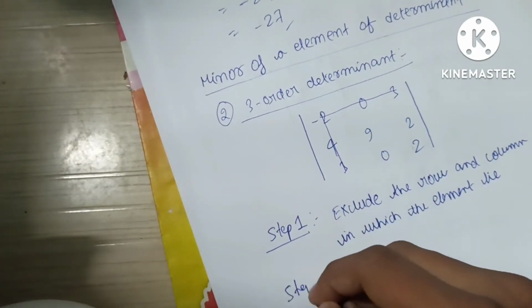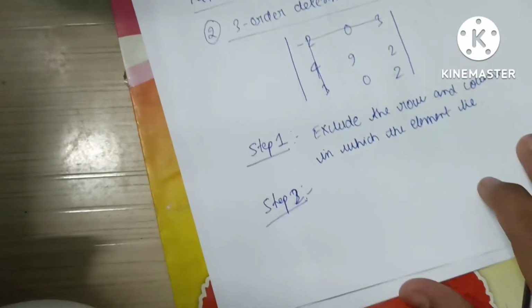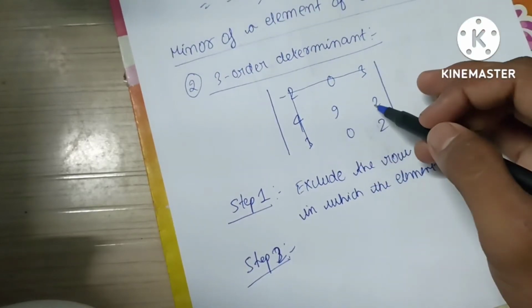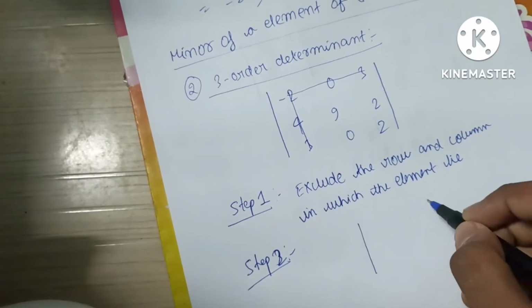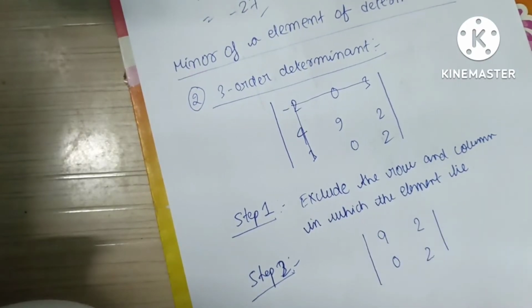Now what is the second step? We have now got 4 elements: 9, 2, 0 and 2. So we'll write these elements 9, 2, 0, 2 within the vertical lines of a determinant. We need to solve this now, and hence this will be the determinant. We know how to solve a second order determinant.